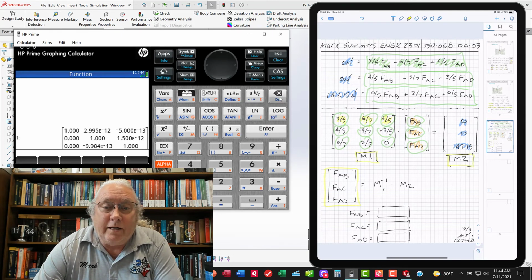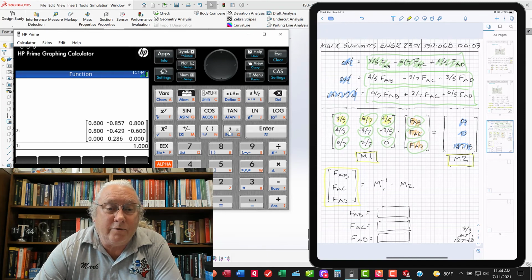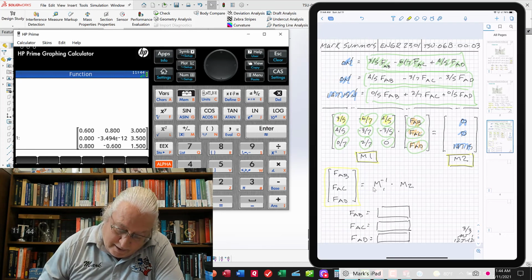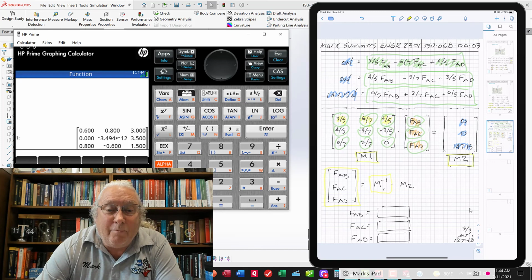Now that we know that's working, I'm going to go back and get M1 again. There's M1, 1, enter, swap them, divide. So there's the inverse of M1. Now I'm going to go get the M2 matrix, so I'll call M2, enter.